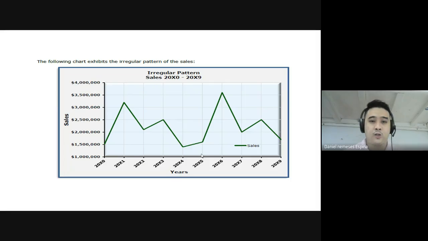The regression will not result in an accurate prediction or forecast of the sales, because we cannot explain why there is an up and down in the sales. It is not due to season. It is not due to a cycle of the economy. You cannot really explain it because there is no sense in the figures.